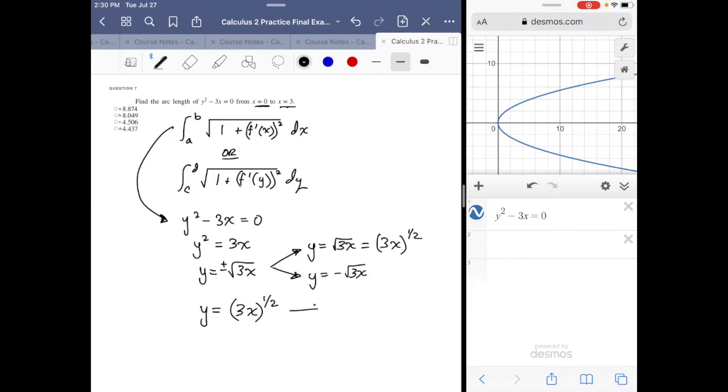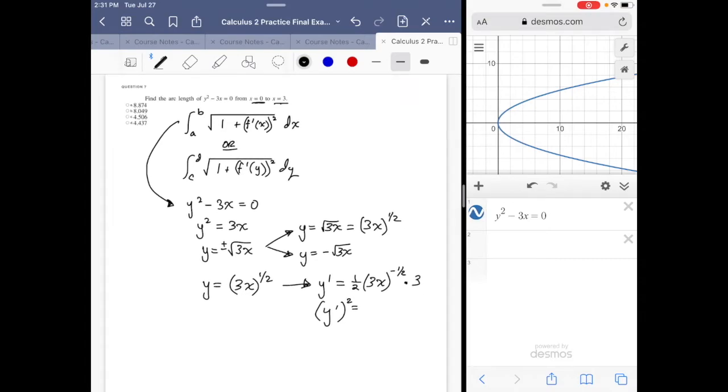So y prime is 1/2 times 3x to the negative 1/2 times 3. Now we do need to square that. So y prime, f prime, whatever you want to call it, squared. You might want to clean it up first. It's really up to you.